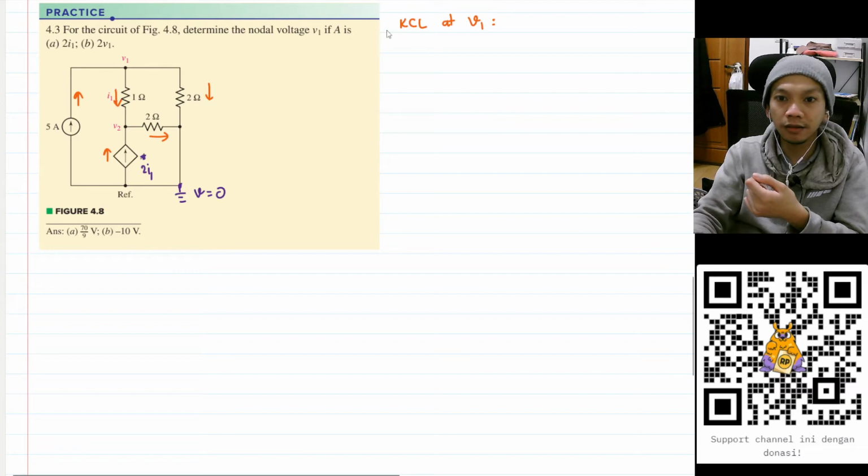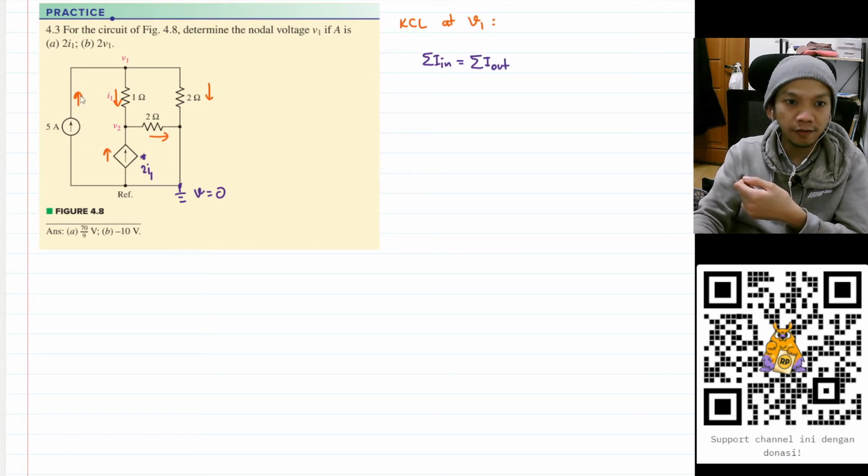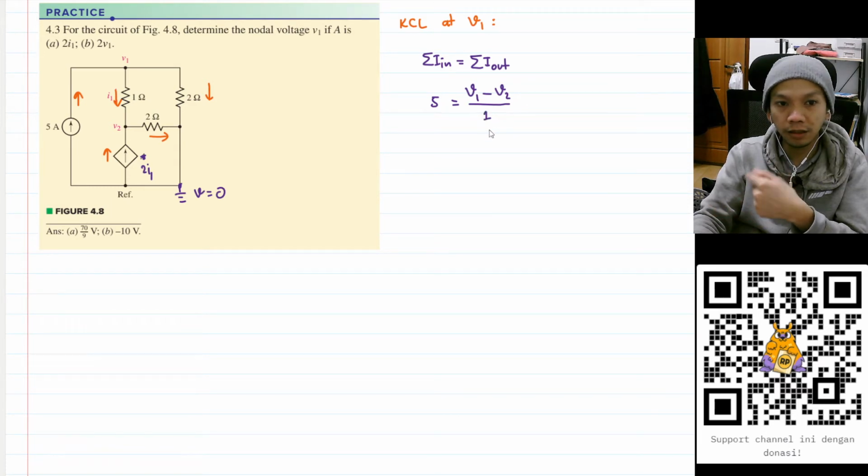KCL says that the sum of the currents going in will equal the sum of the currents going out. This is the current going in, all the other currents are going out. So I will have 5 on the left hand side, and that will equal, for this I1, V1 minus V2 divided by the resistance between them, which is 1 ohm.